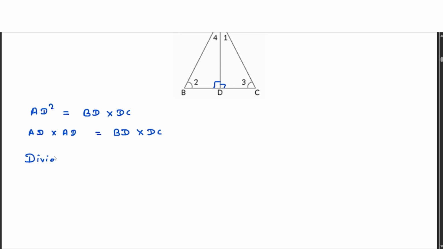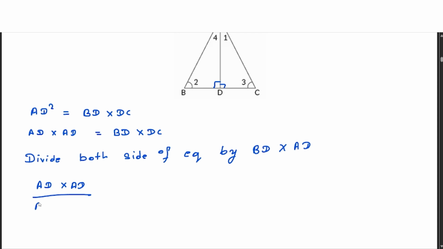Now what we will say here, we will divide both sides of the equation by BD times AD. So if you're dividing AD times AD, you will have to divide with BD times AD.